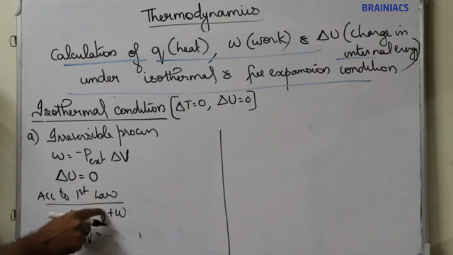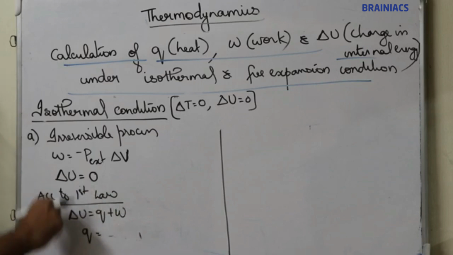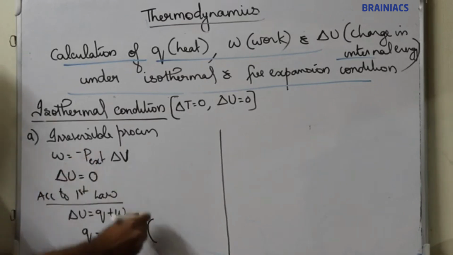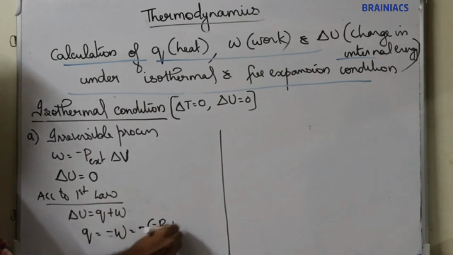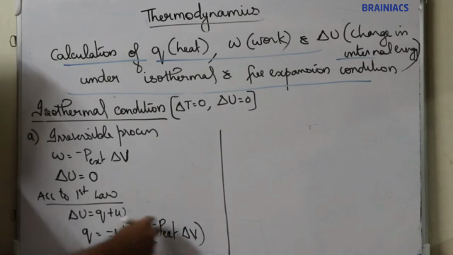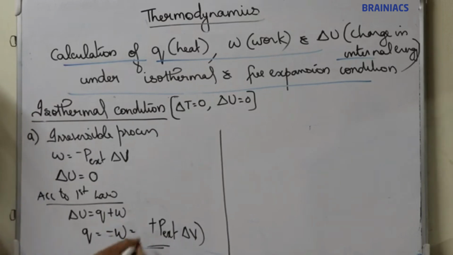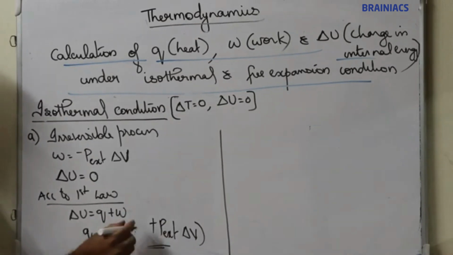Q is equal to minus W, taking W to the other side. Which is equal to minus of minus P external into delta V, so you will get plus P external into delta V. I think it's clear.